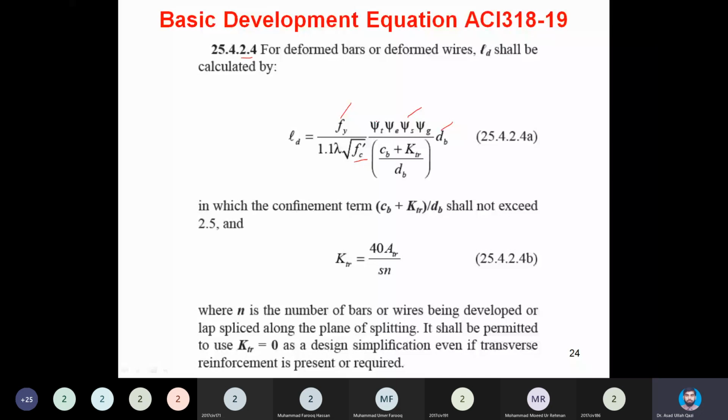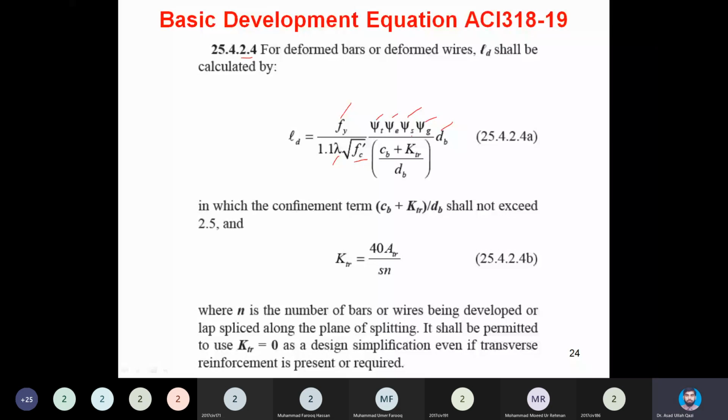Along with that, psi t, psi e and psi g are present, and lambda, which we earlier discussed for the 2.3 set of equations. Now a size factor is also given, because this is one equation which will address all dias. So psi s is incorporated here so that I can apply it for all bars, number 19 and lower, and number 22 and larger.